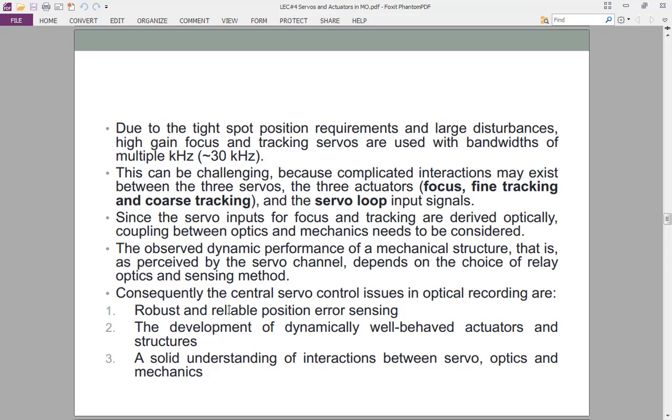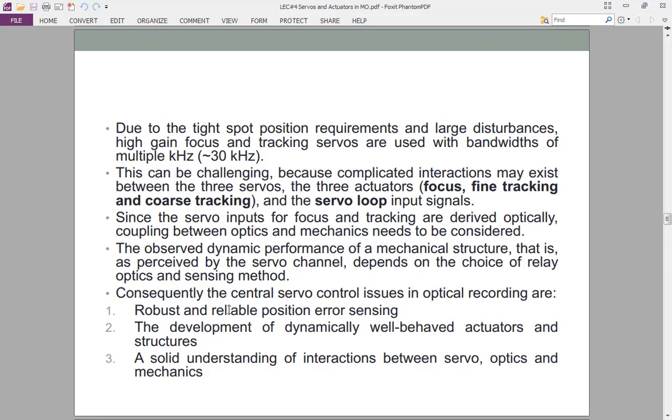Something robust is something that, when it works even for a long time, does not lose quality. But if it only works for a short time and then produces errors all through, then it is not robust. The other challenging issue is the development of dynamically well-behaved actuators and structures.